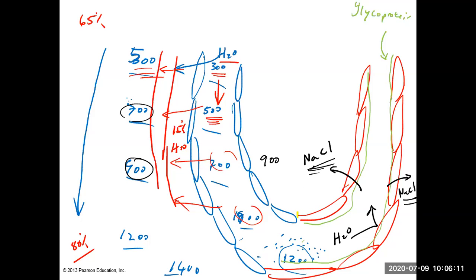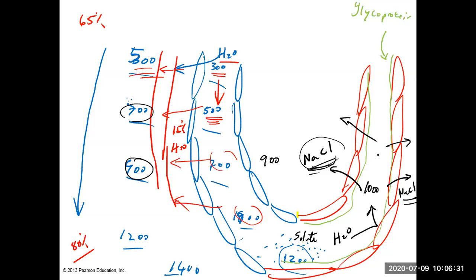But if you take away the sodium chloride, the salt, which is a solute in this case, the numbers are going to go the opposite way. In other words, now you're at 1200, now you might be at 1000. More sodium chloride is going to get reabsorbed and go out.